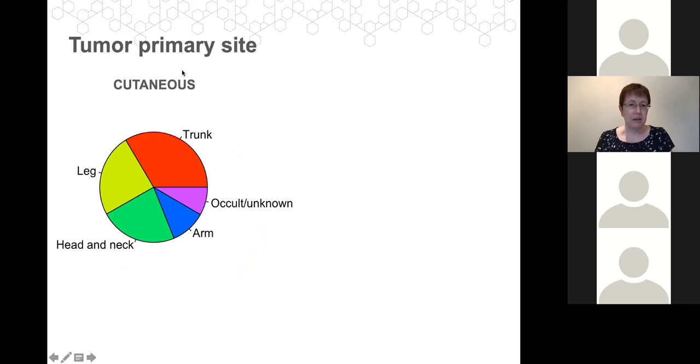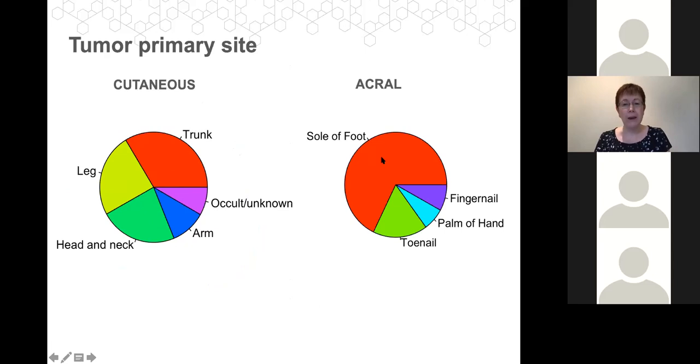Just mentioning the primary sites of the various subtypes. For the cutaneous, we have fairly equal numbers from various sites on the body, from the ones that are more sun exposed, such as the head and neck, to those which are in general less sun exposed, such as the trunk. For acral melanoma, the majority are from the sole of the foot, and this reflects the general incidence rate.